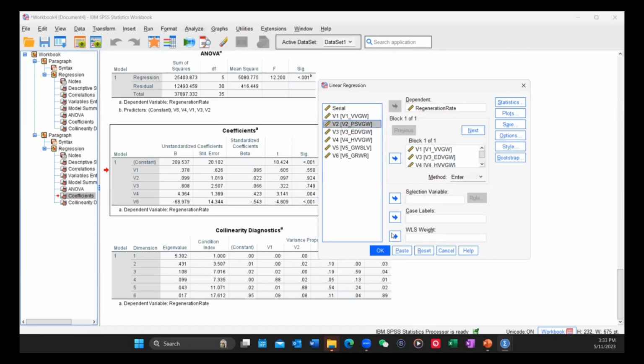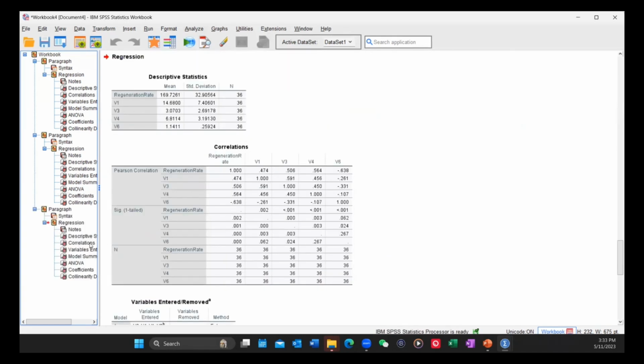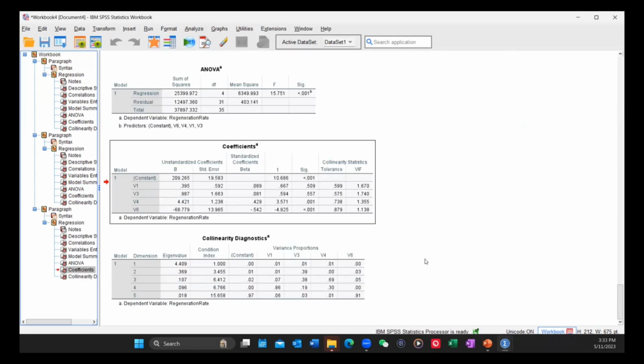Okay, so we run the regression, and we have a new model. Now let's look at the coefficients table for the VIF values. Actually, all VIF values are very close to 1 and below 5. So we probably don't have to address the multicollinearity issue anymore based on the VIF value.